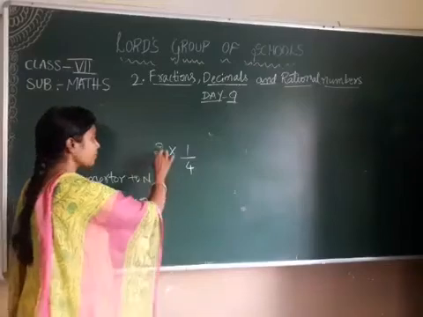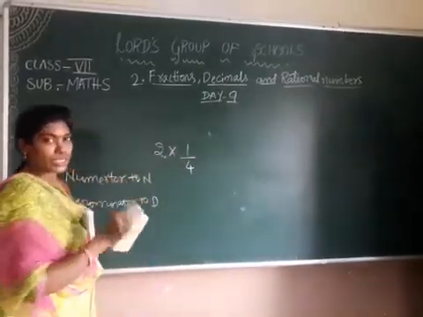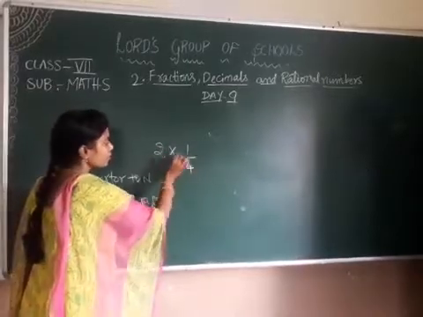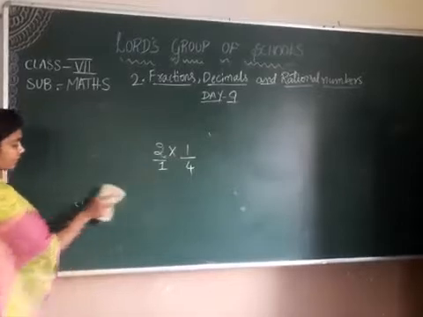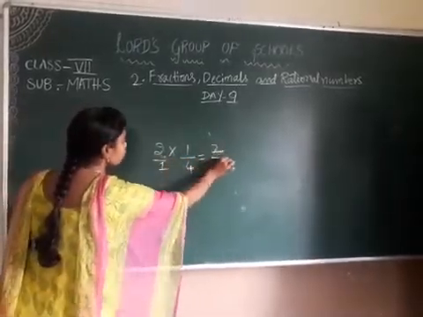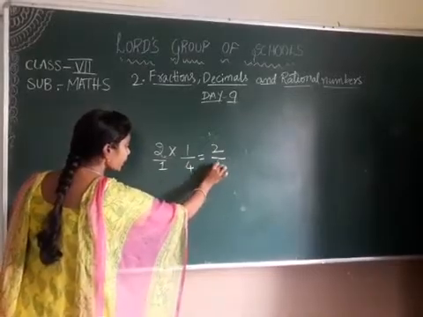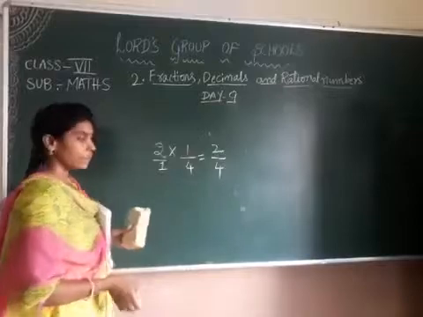Don't multiply numerator with denominator or change the fractions. First, since nothing is there, I keep 1. The numerators: 2 into 1 is 2, and the denominators: 1 into 4 is 4. This is the way we should do multiplications.